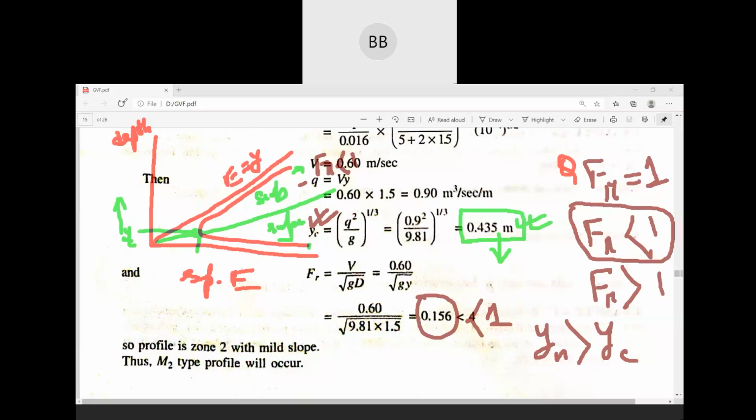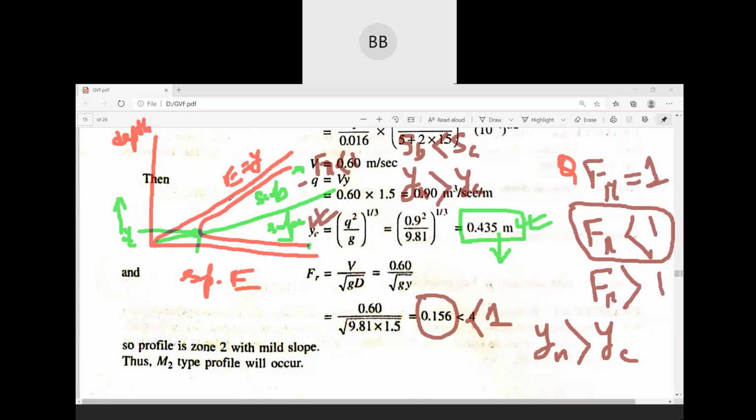To identify the slope, there are some conditions that we have already discussed in the last class. Suppose your slope is mild, then your bed slope is less than the critical slope and your yn value is greater than the yc value. This was the condition for mild slope.